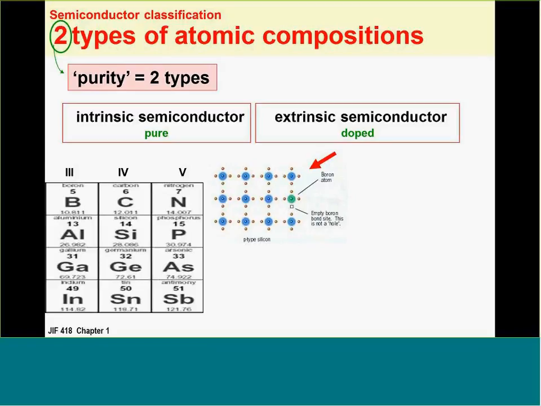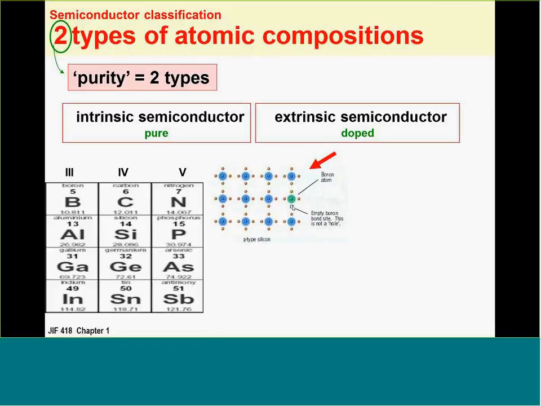So whenever you put in an element that is going to replace the host atom at its lattice site, as in the case of boron, this silicon is from group 4, where there should be 4 valence electrons, but now if you replace the silicon in group 4 with boron in group 3, you have one empty boron bond site, where this empty bond site will act as a charge carrier.